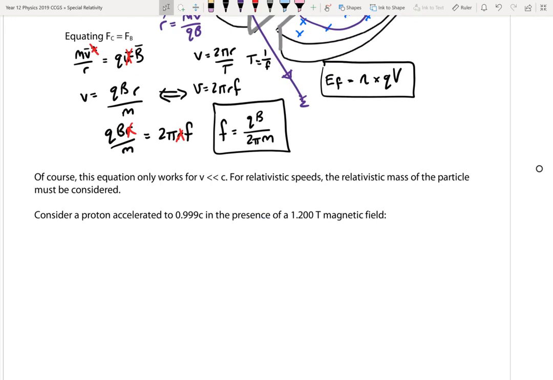So a classical model says you're going to curve at this, but a relativistic particle has more inertia, it's got more mass, and we find that its radius goes up. Have a think. Einstein's working out stuff in the 1920s, and Ernest Lawrence said, thank you very much, I can now apply this to getting particles really fast.